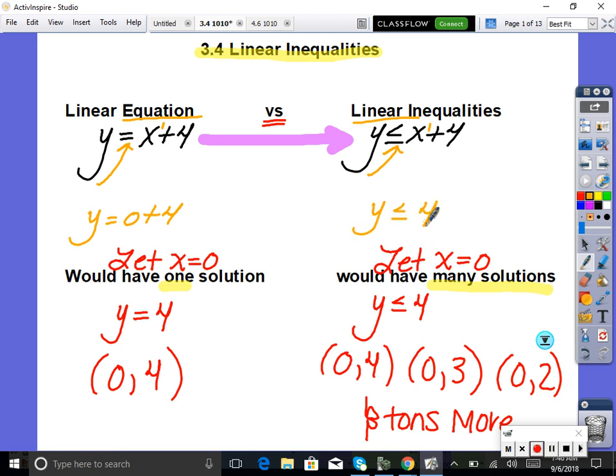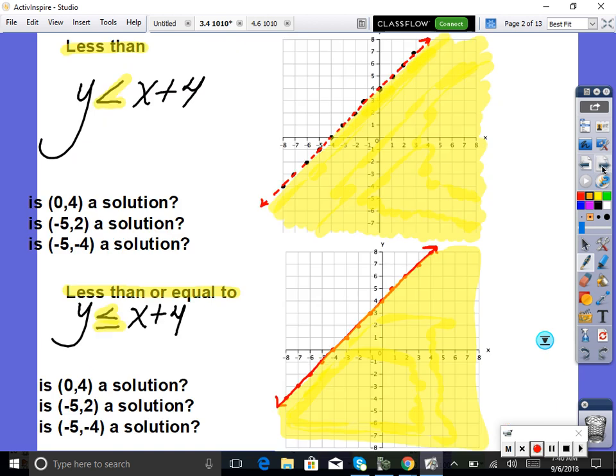That meets the criteria, so we would have 0, 4. What's another y value below 4? 3, right? 2, 1. There are tons of solutions here. It goes on forever. Does everybody understand the difference? One solution, many solutions.